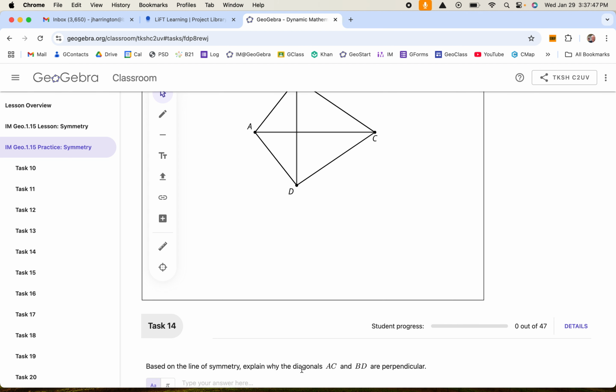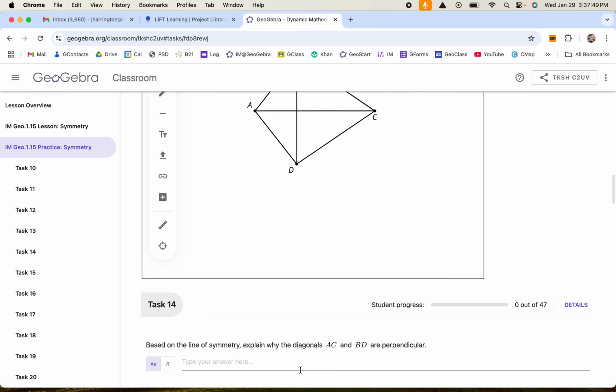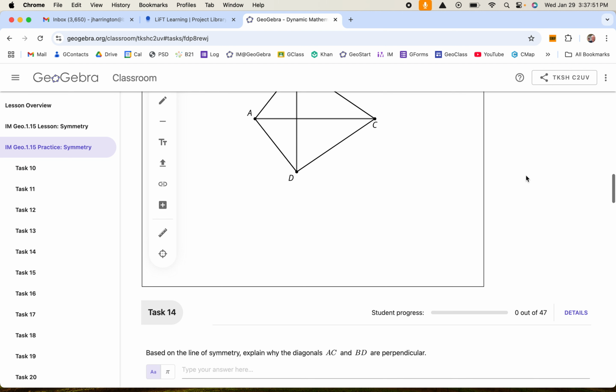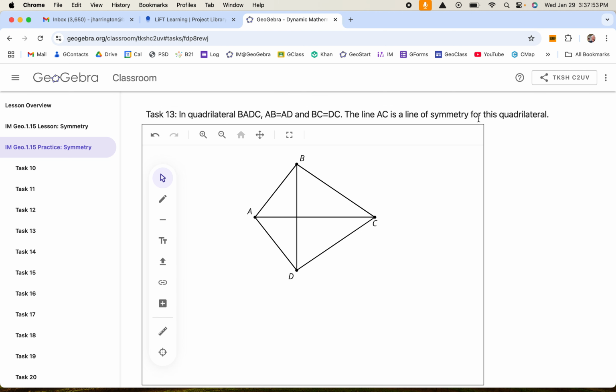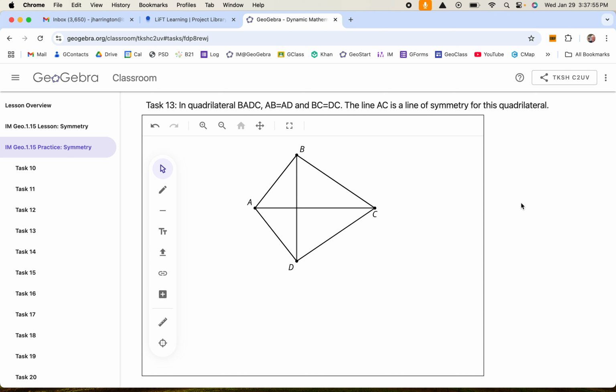Okay, that's what it's asking. Think about the fact that they told you in the beginning that AC was a line of symmetry. Well, we know what lines of symmetry also are. Also, they gave us some other information up here. So think about it.